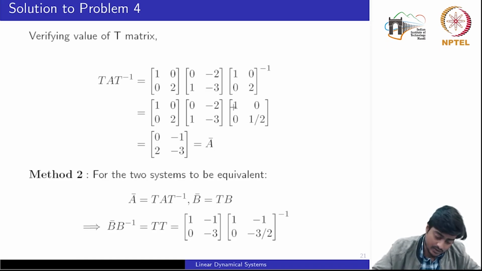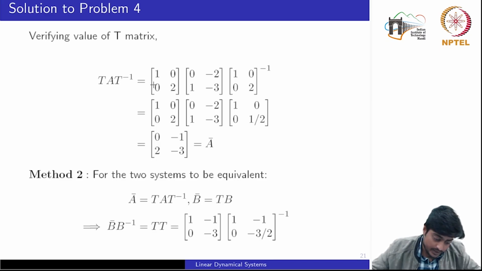So after simplifying all these inverses and the multiplication, we could actually verify that this transformation is verified. So with this T matrix, or this transformation matrix, we saw that these two pairs basically represent the same system, or they both are equivalent.